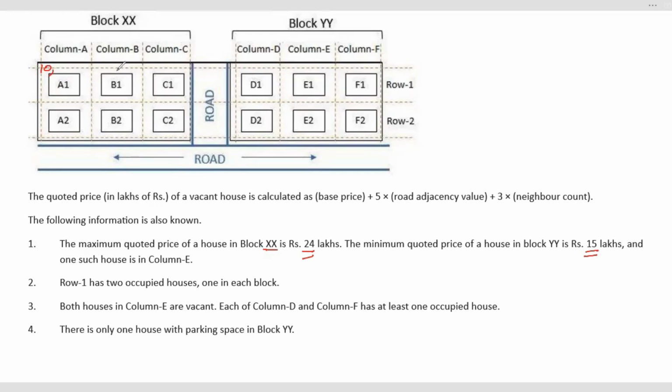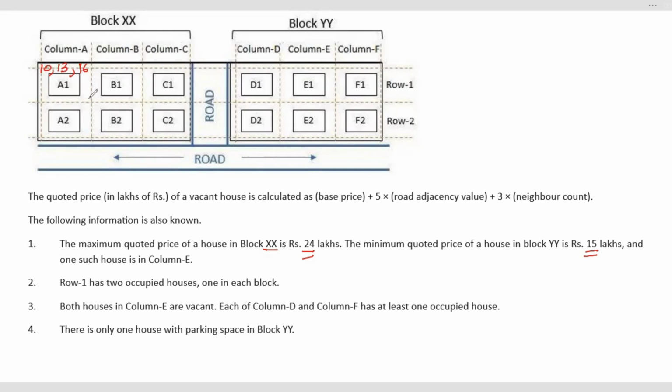Next price, if one neighbor, then 3 added, so 13; two neighbors, so it should be 16. 10, 13, 16, and the next set will be 12, 15, and 18 with parking. This is the possibility as per the neighbors added. This is 3 into neighbor.